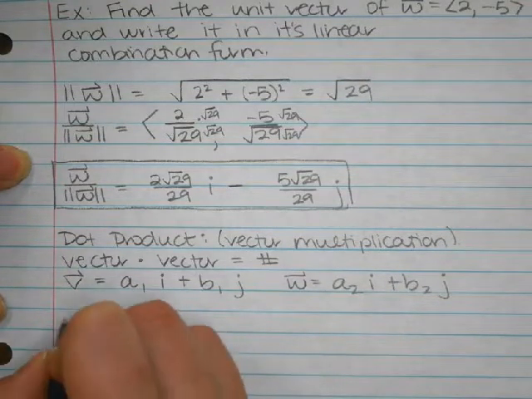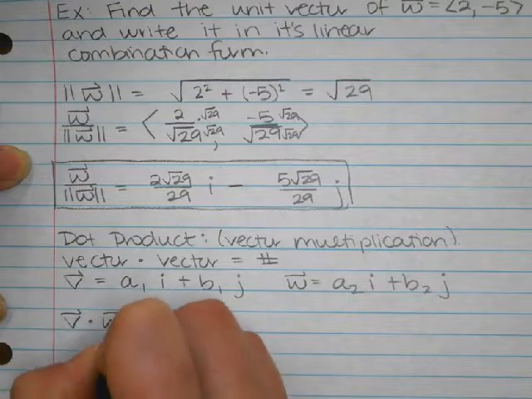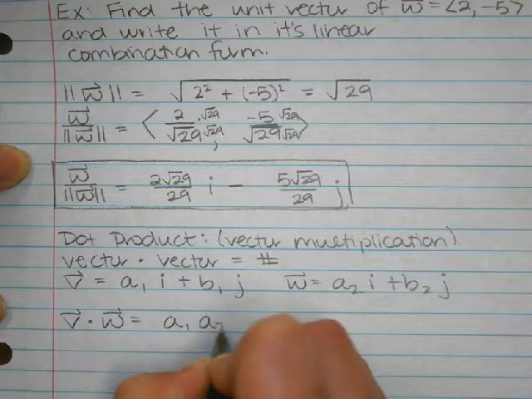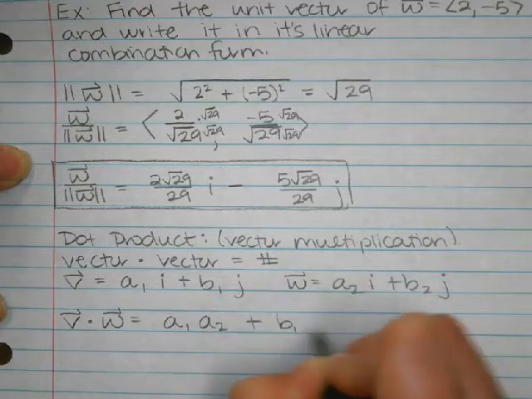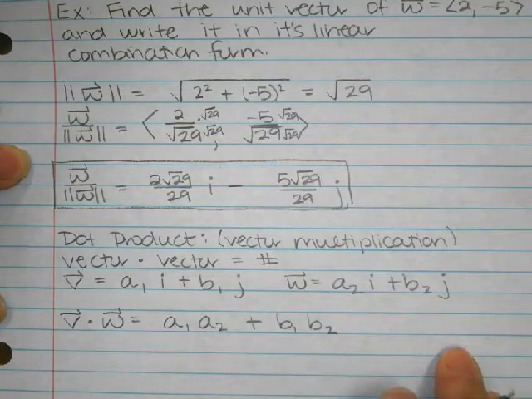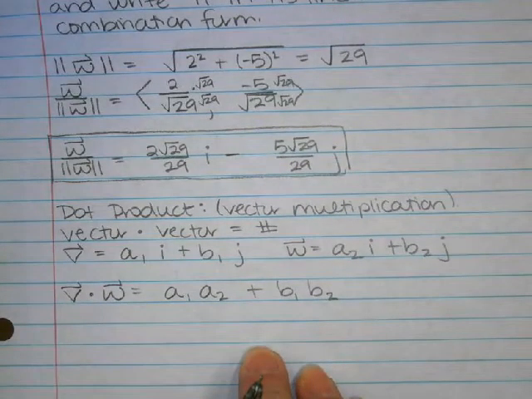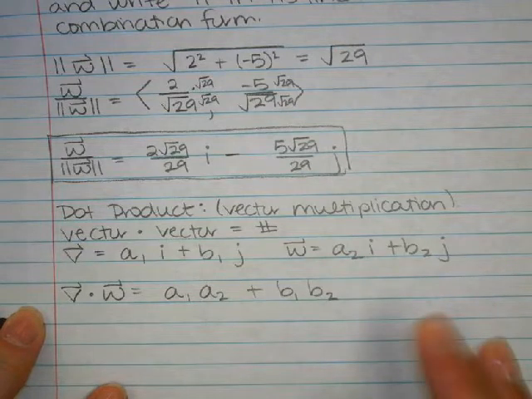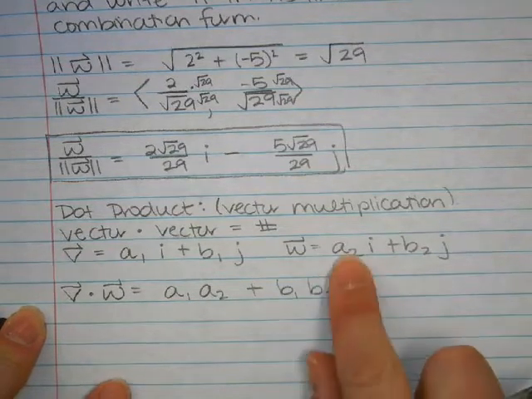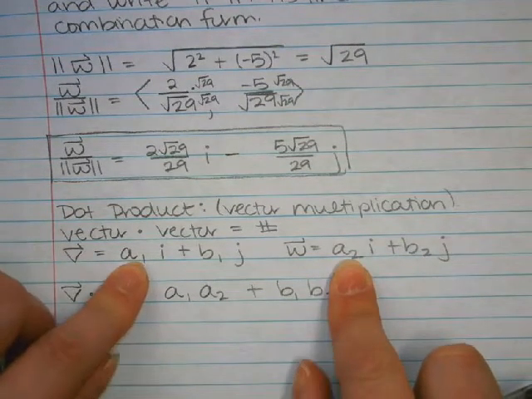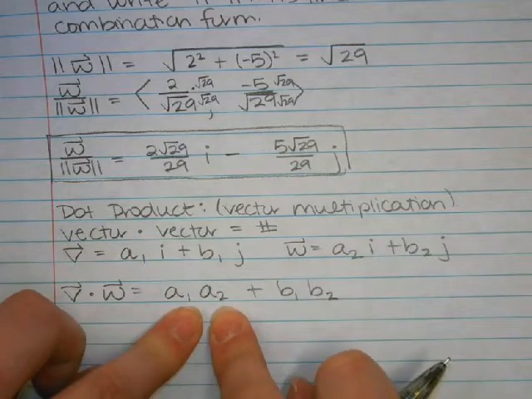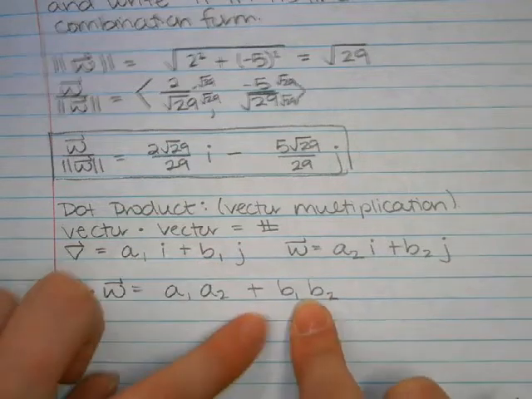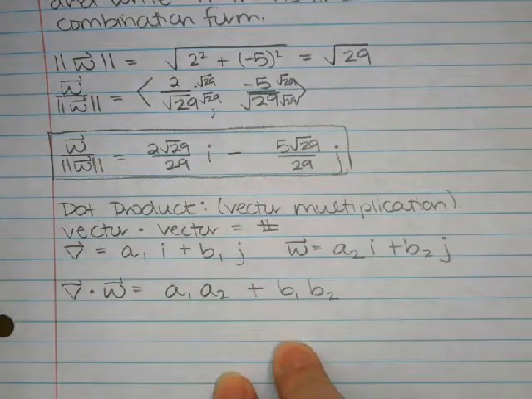Then the dot product v dot w is a1 times a2 plus b1 times b2. I wrote it as a linear combination in this form, but you can do it from the component form as well. Basically, to do the dot product, you multiply the horizontal components together and get a product. You multiply the vertical components together and get a product, and then you add those two numbers, and that's how you do it.